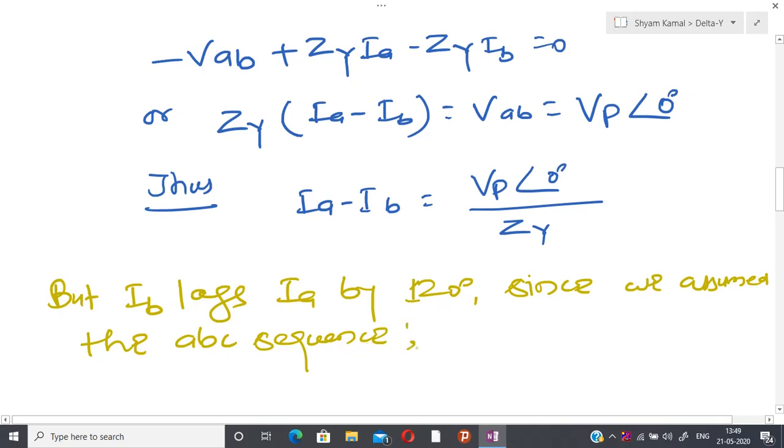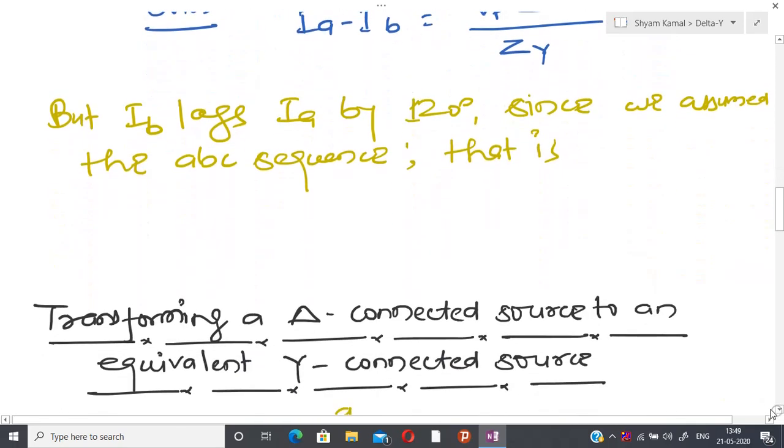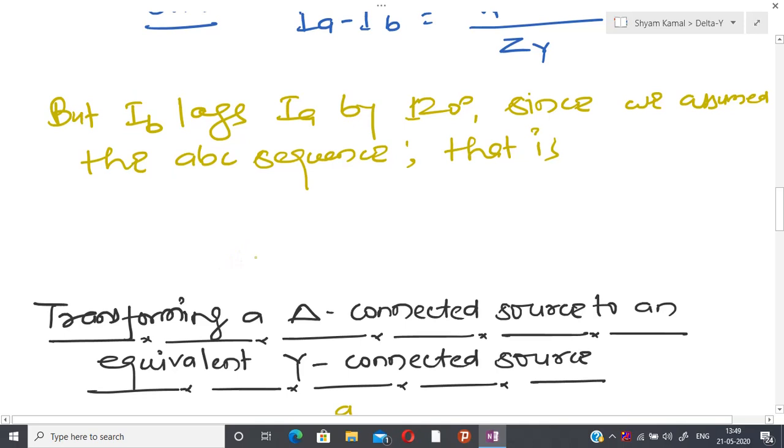And due to this reason, mathematically I can also write like this: IB is IA and this is minus 120 degree.